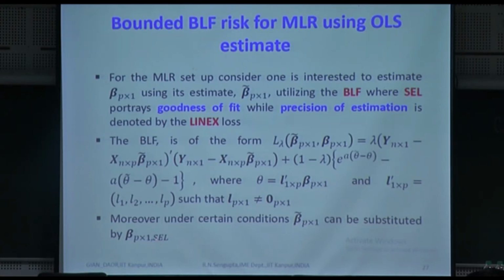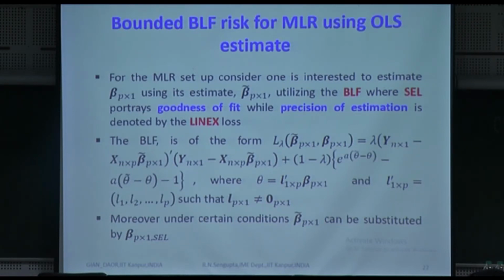So if I use beta hat for the squared error loss estimate, under the Linex there would be some error. So I want to basically find out that error. Now if this is the first problem, there are other flavors of the problem, I will just mention them and state them.